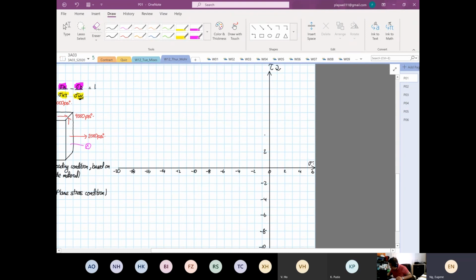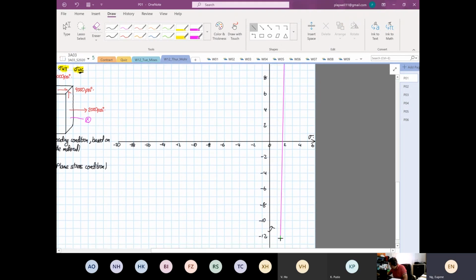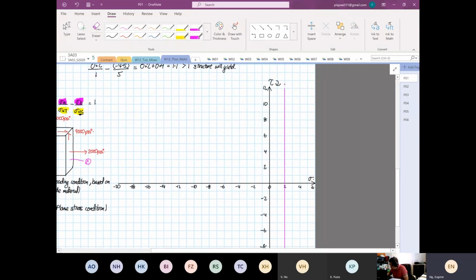Now we have to identify our points on Mohr's circle. Our normal stress is 2000, so this is our stress X line. Then our stress Y line is at minus 15,000, so we have minus 15,000 over here.